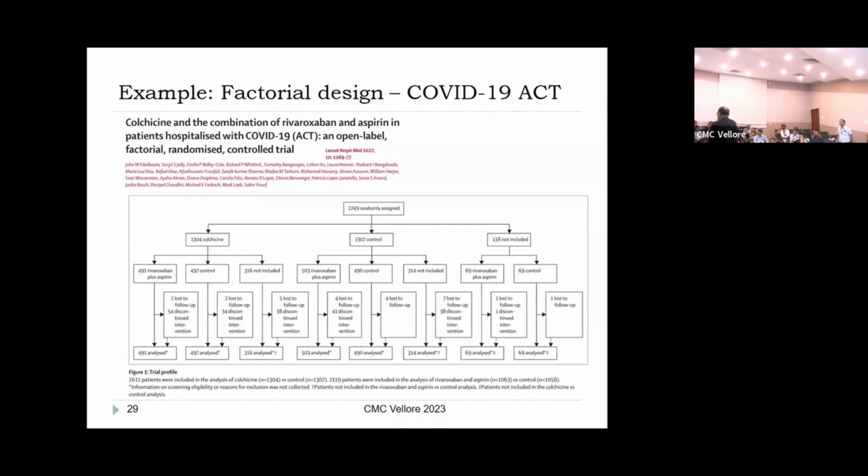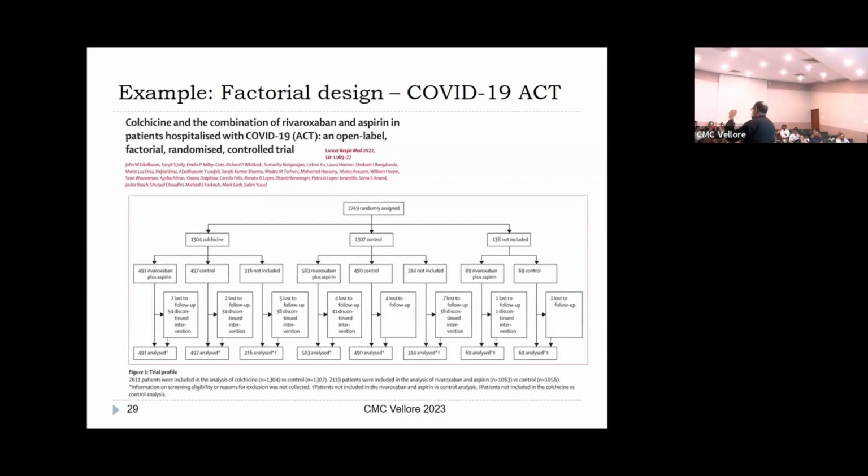What does interaction mean? It means that the effect of one of the interventions, one of the factors, because you have intervention factor A, active intervention A or control intervention A, and then you have factor B, active B or not active B. So those are 2 factors.